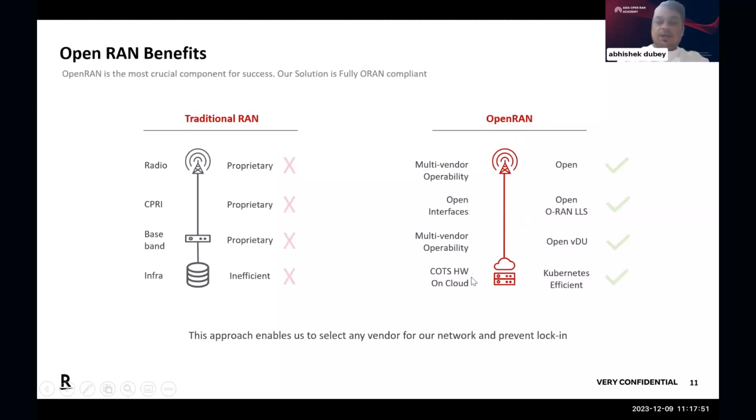Okay. Now the next is COTS hardware. The Open RAN vendor doesn't need to bring their own hardware. This hardware can be from any vendor. What we want is that it should be COTS based hardware. Okay. And if it fulfills the requirements, then we can host our network functions on it.